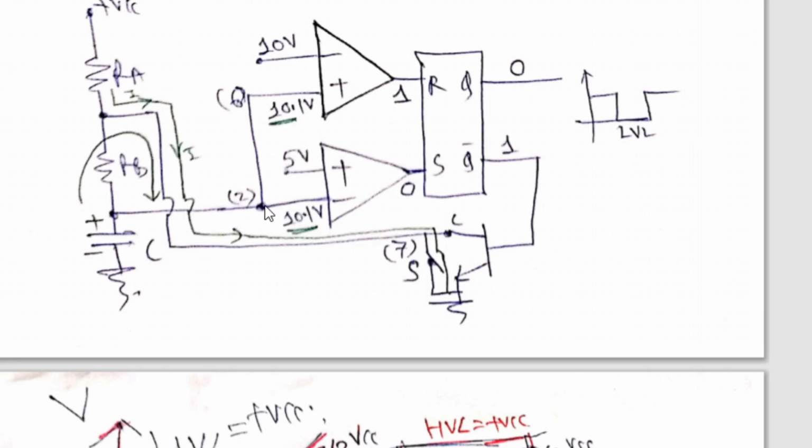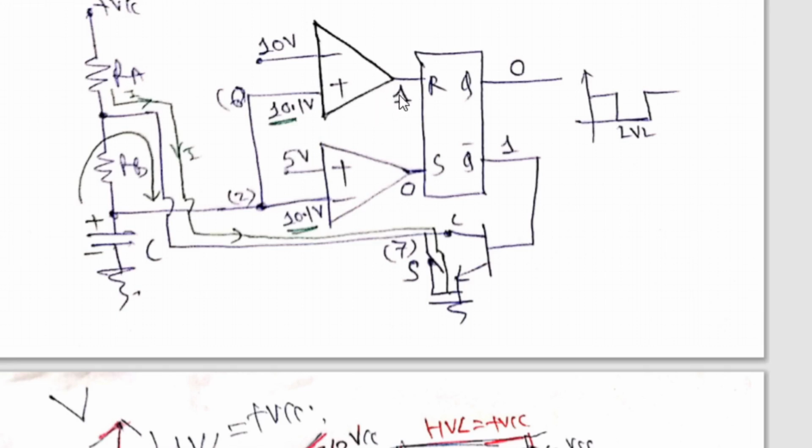When this voltage is just crossing two-third Vcc, upper comparator's lower terminal becomes greater in voltage than the inverting input. Therefore, upper comparator's output, which was earlier 0, now it will become 1.